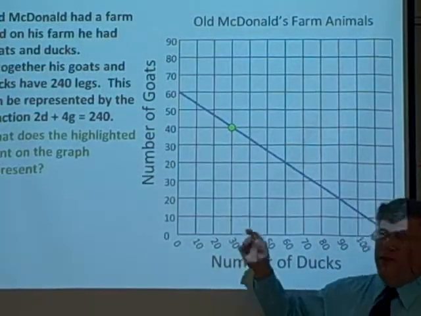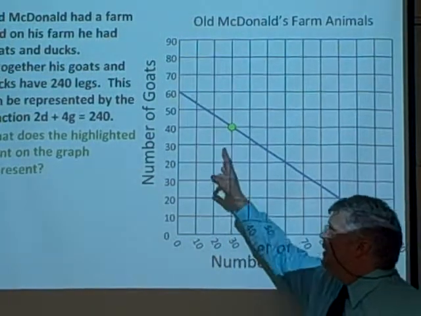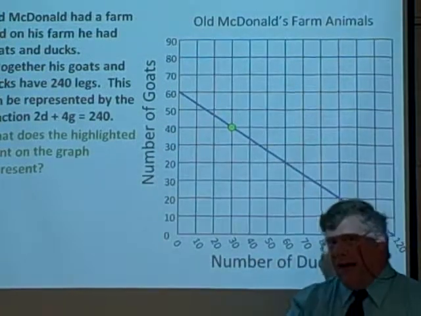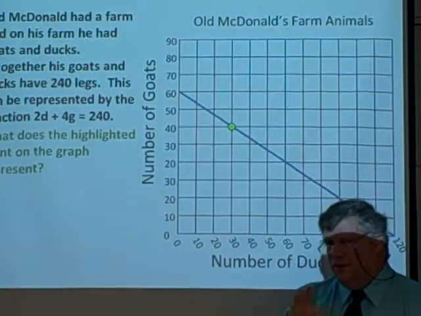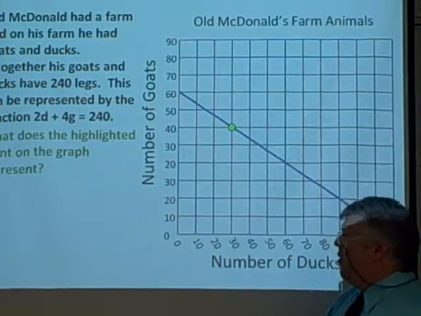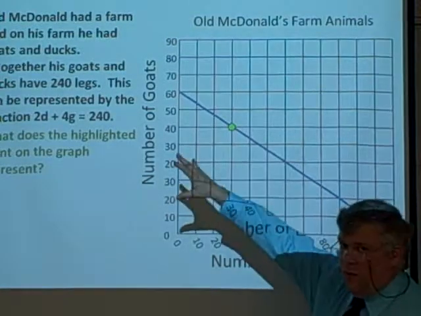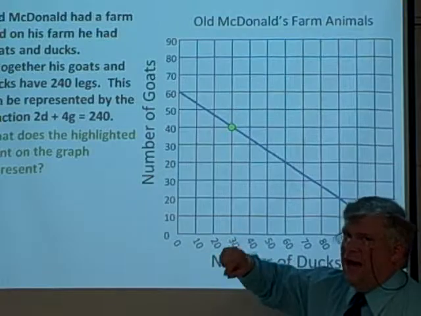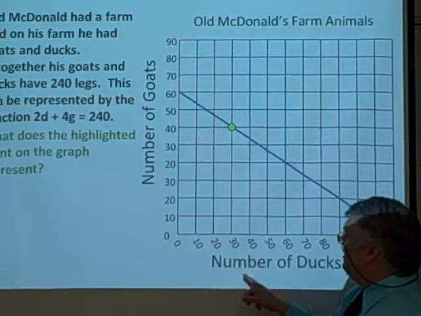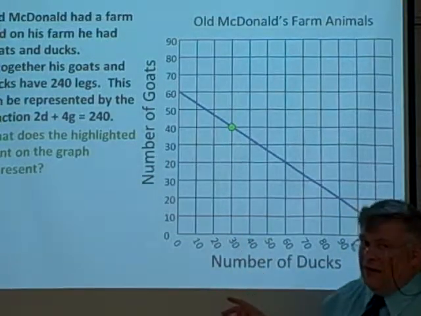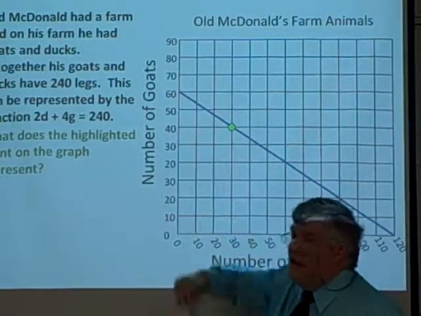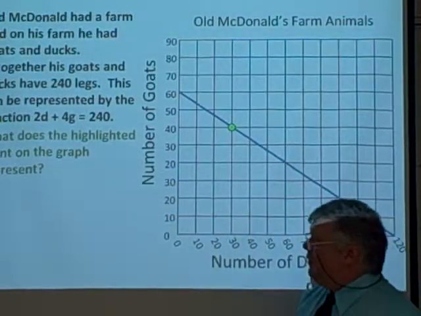Well, every point is composed of an x and a y value. So when you're asked what it represents, you need to write out what the x and the y value mean at that point. At this point, the x value is 30, and it's the number of ducks. The y value is 40, and that's the number of goats.